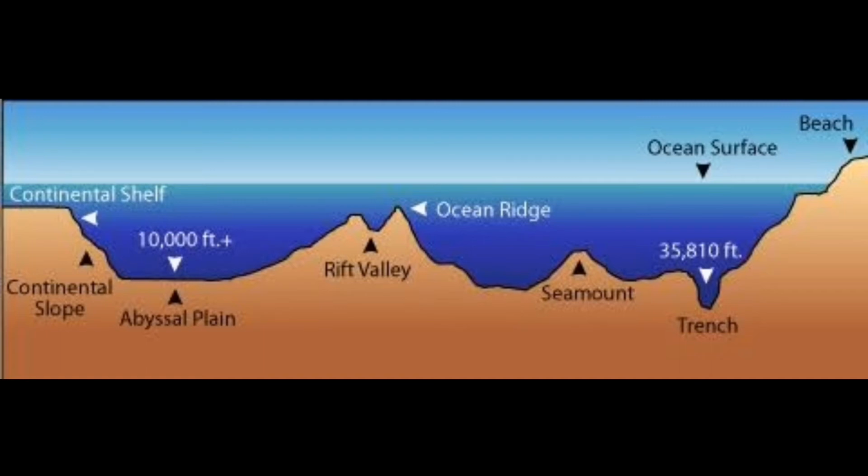So the land is also not equal. The ocean floor relief consists of all submerged landforms. Now this ocean floor consists of all the landforms which are below the ocean. Okay, that means below the surface of water.